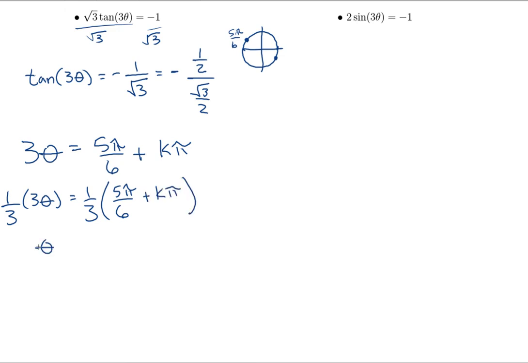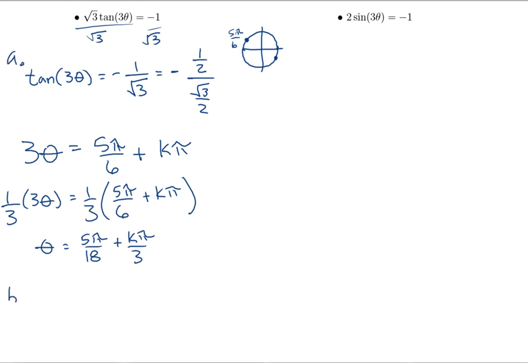So this will be theta is equal to 5 pi over 18 plus k pi over 3. All right, so that's our answer to part A, right?